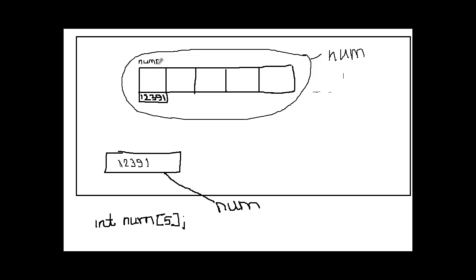at 0. Num at 0. In C++, the first memory block is referred to as the 0th element. This whole block is num, and here the value is num at 0, and this memory block is num at 1.